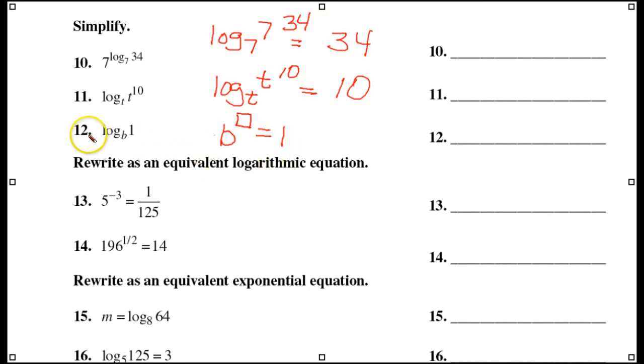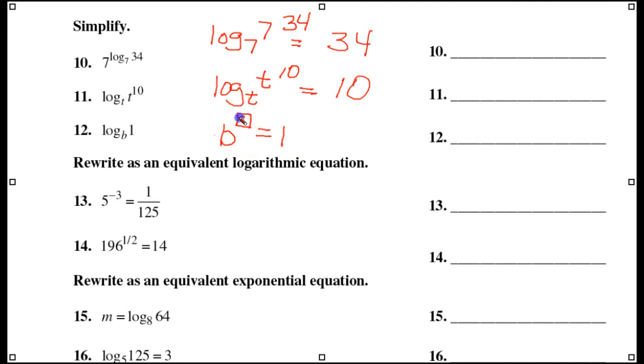So in looking at number 12 now, we're changing a little bit. We're saying this is its logarithmic form. What would its exponential form be? Well, base b to what power is equal to 1? Now, what did we say the power of something that is equal to 1 is?